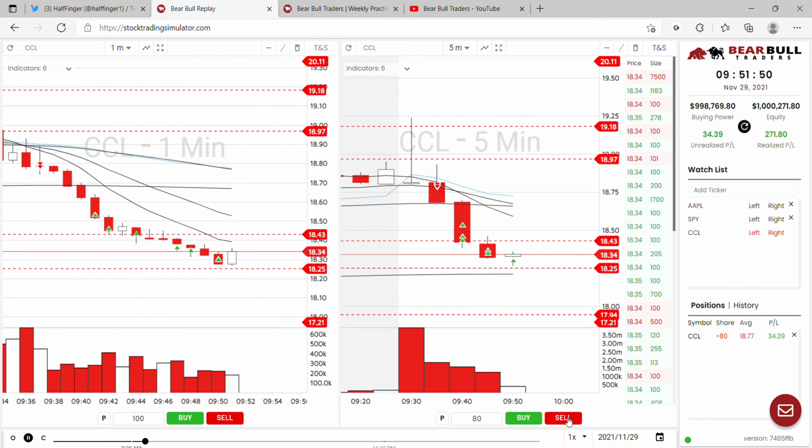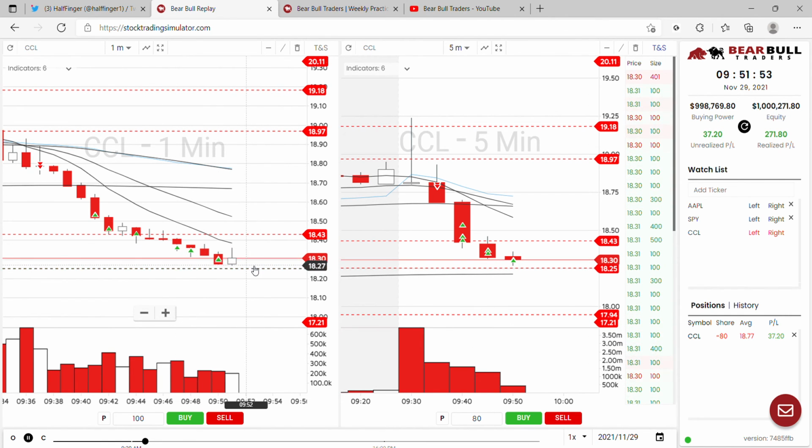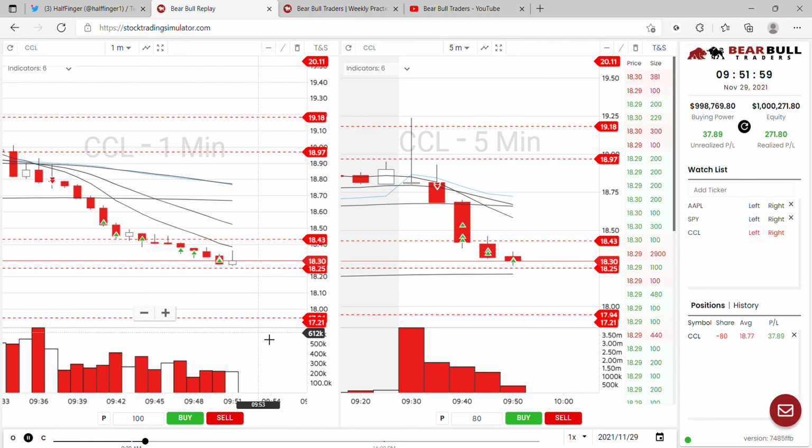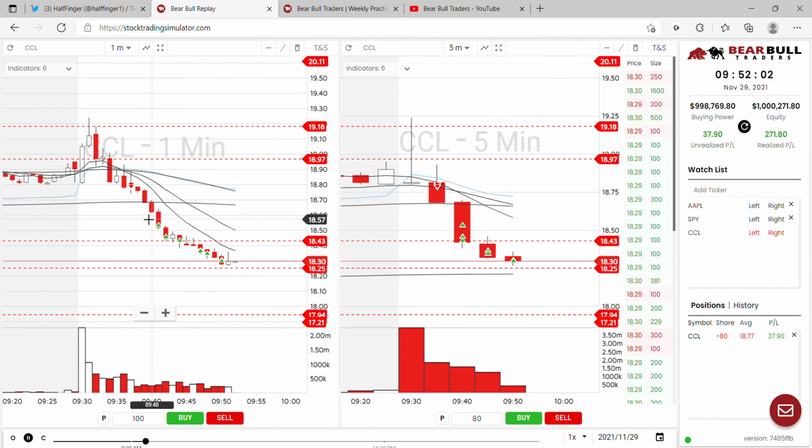I also have a few shares left here. I can just exit. Wait for it to see if we can hit that 70.94. This is a very good move for me.